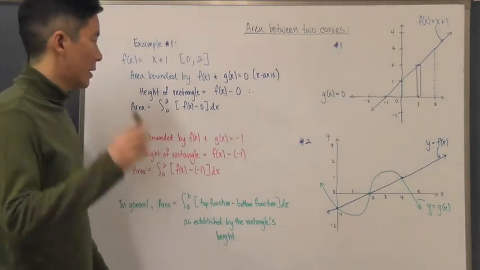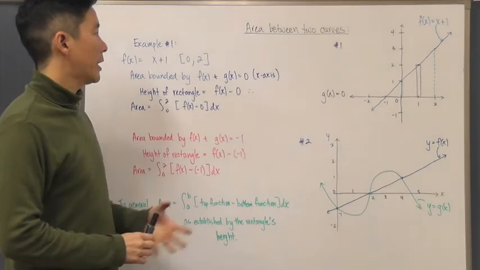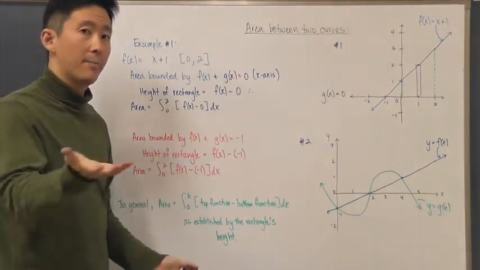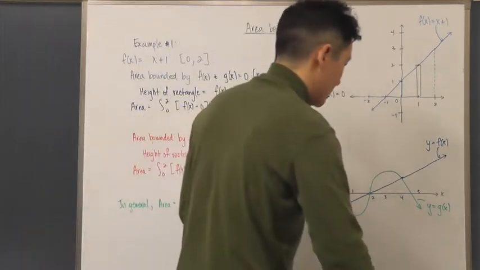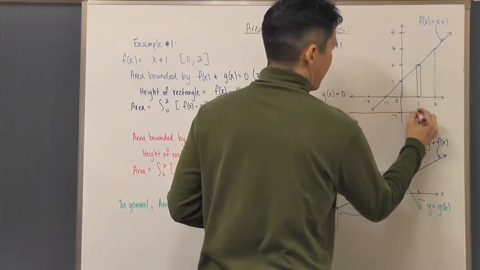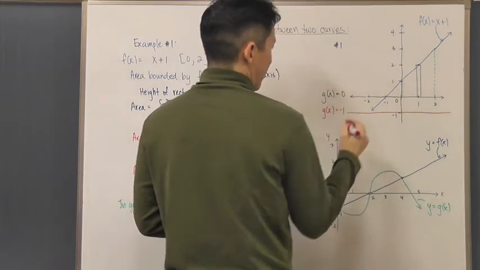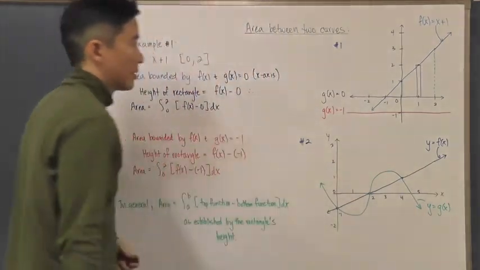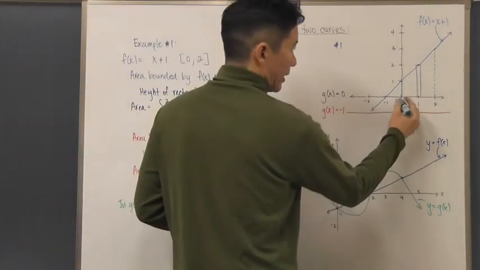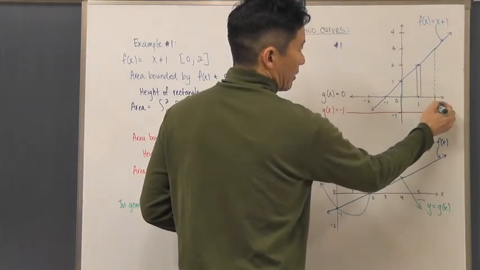Now, things start to change once we no longer use g of x equals 0, or the x-axis, as the bottom curve. Let's say, for example, that I use this curve here, and this is g of x equals -1. Now when I think about this area that I'm trying to calculate, the area extends down into this area over here.